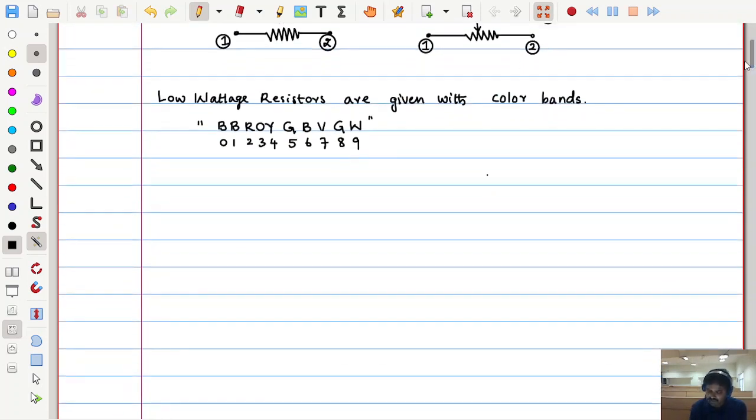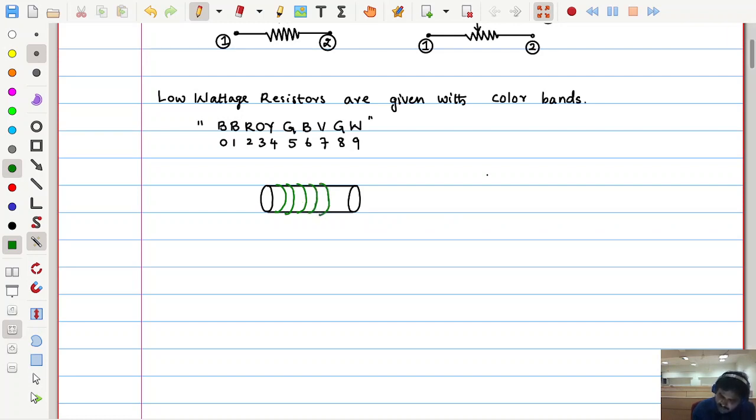And we said that usually we will have 4 or 5 band resistors. Let us take a simple case. If I consider a small resistor like this, whose color bands, let us think, are like this: there is a color band here, one more, one more, one more, and a fifth one also.